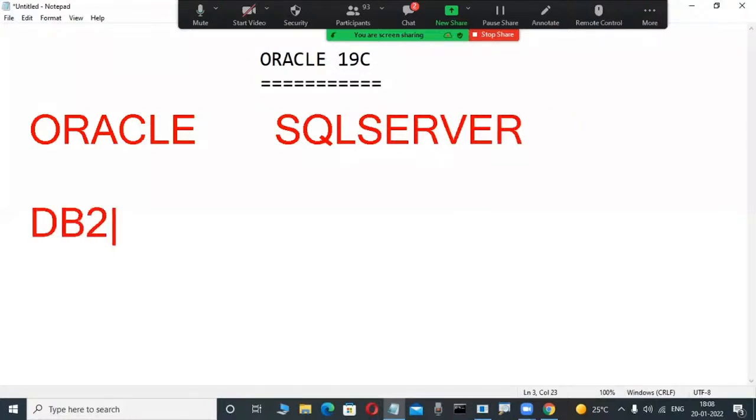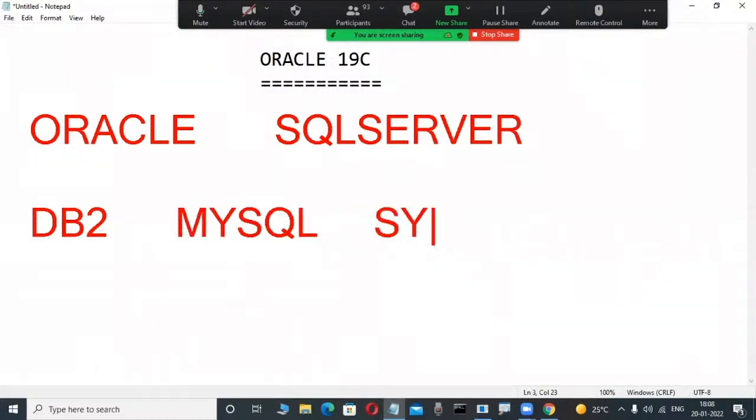DB2 is a database product from IBM. MySQL is a database product that is open source, but nowadays Oracle Corporation is purchasing it. Sybase is a database product from Ingres Corporation.